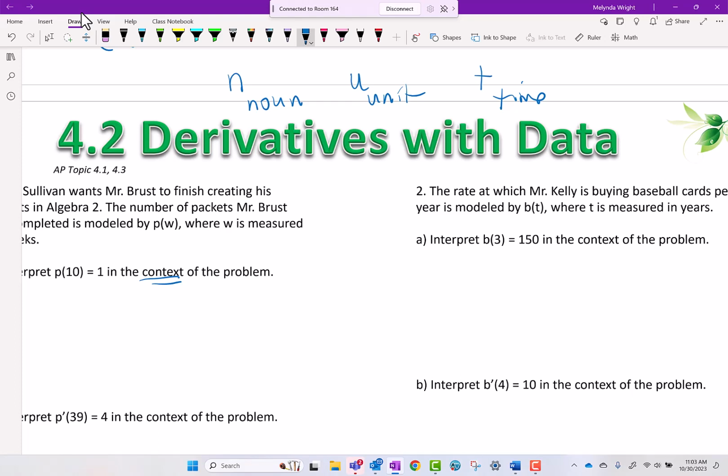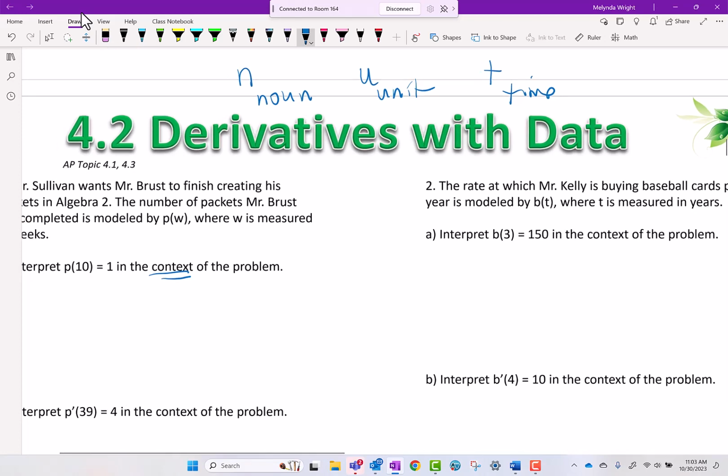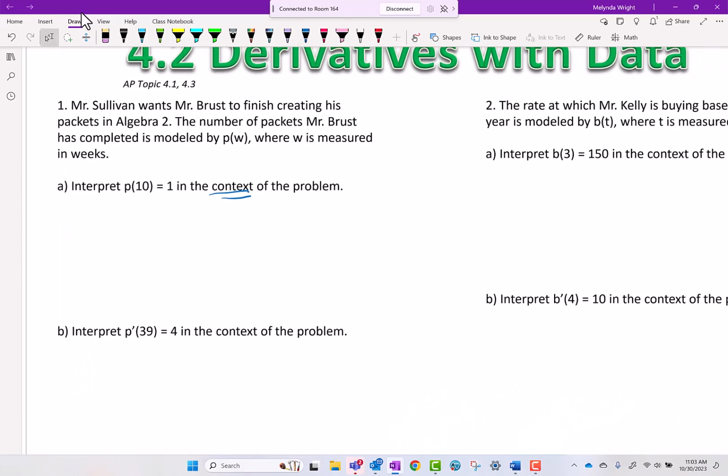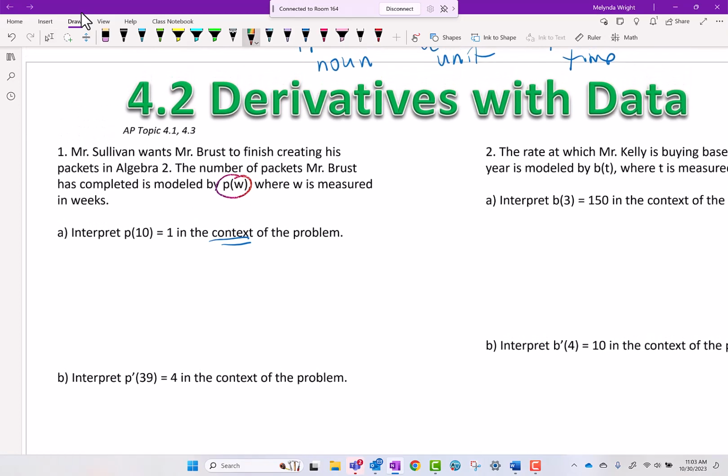So I have a couple of examples of that, kind of explaining things in context. How would you word this? So let's look at our first scenario where Mr. Sullivan wants Mr. Bruss to finish creating his packets in Algebra 2. The number of packets he has completed is modeled by, and here's our function P of T. So let's make a note that this is a position.